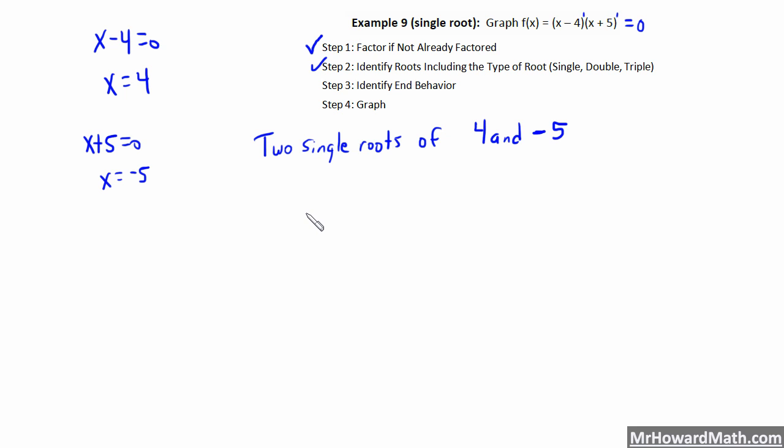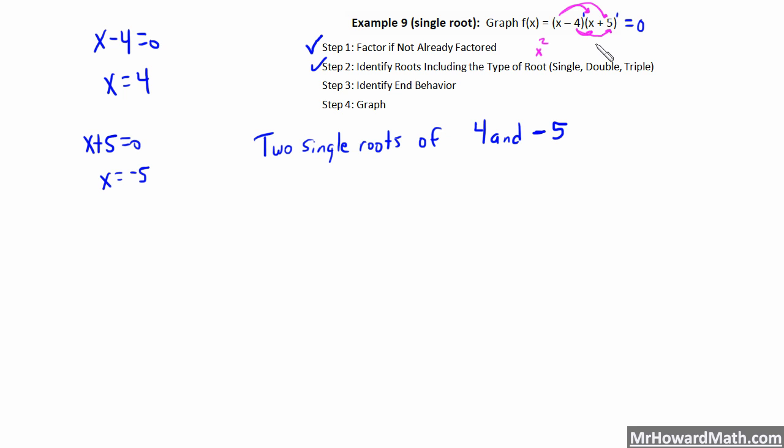Step 3, identify the end behavior. Okay, to identify the end behavior, we need to go ahead and expand this back out. I already know that you can tell that this is a quadratic. So if we expanded this out, it would become x squared. I'll draw arrows here so you know what I'm doing.